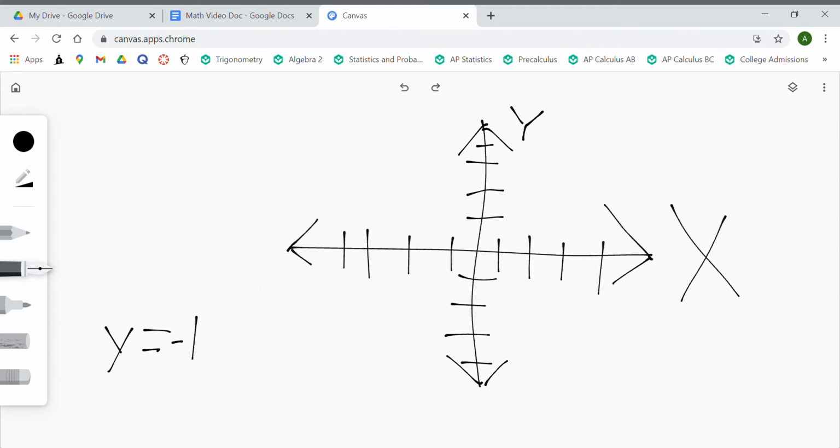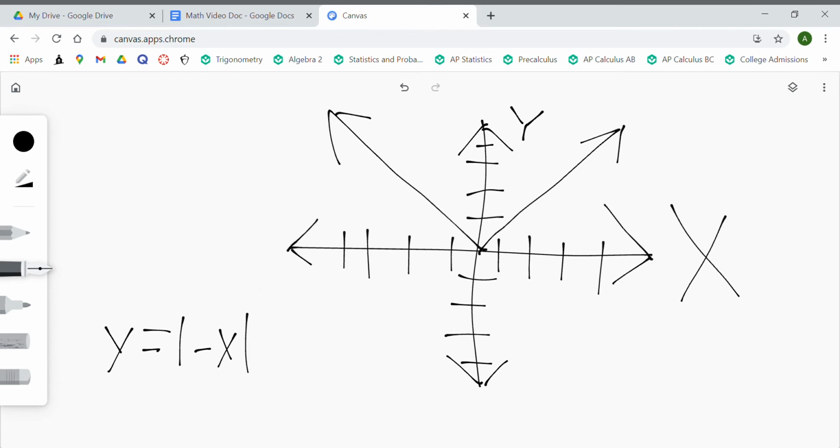Alright. Now, I know I wasn't going to talk about reflections over the y-axis, but I want to show you some. Okay, so this is the original function, right? Notice that the vertex is at the origin.